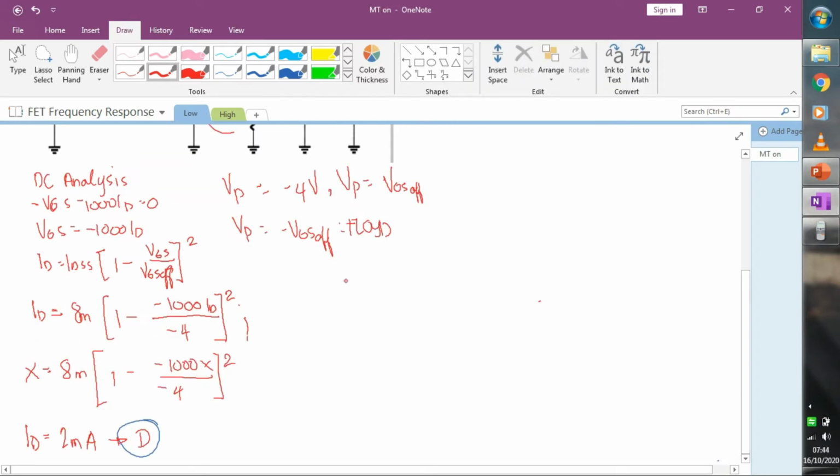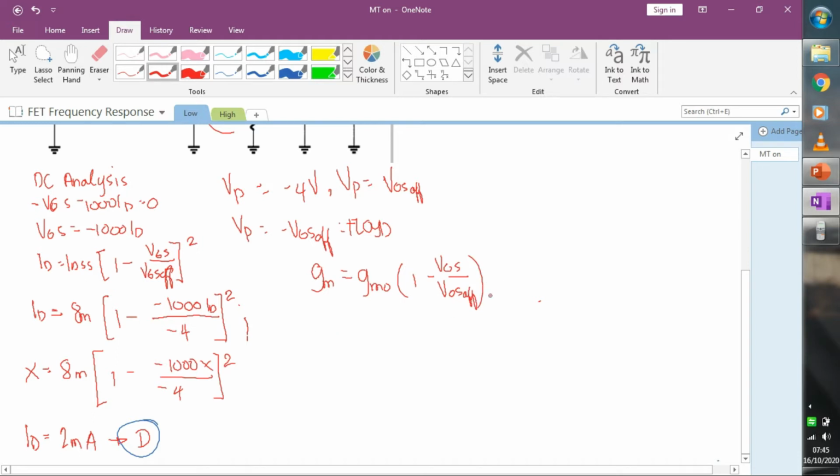Okay. Now that we have the value of our ID, we can compute for the value of our GM. So GM is equal to GMO times (1 minus VGS over VGS of).